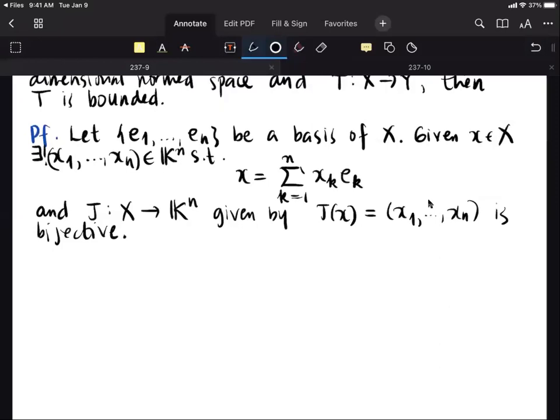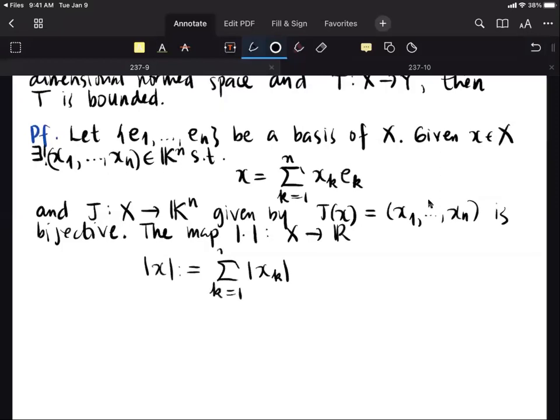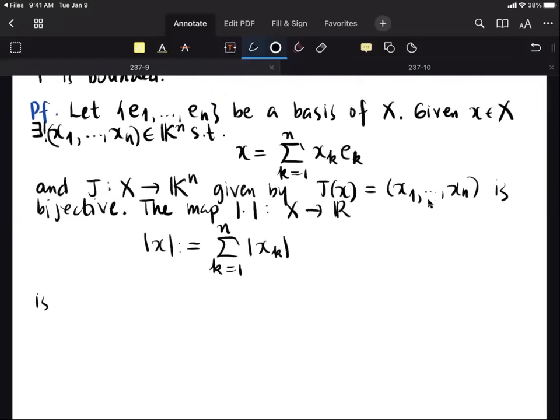In this way, the map defined from X into R, where you just take the sum of the absolute values of the coefficients with respect to the basis, is a norm on X. Take note that this is the same as the little l1 norm of your image Jx.